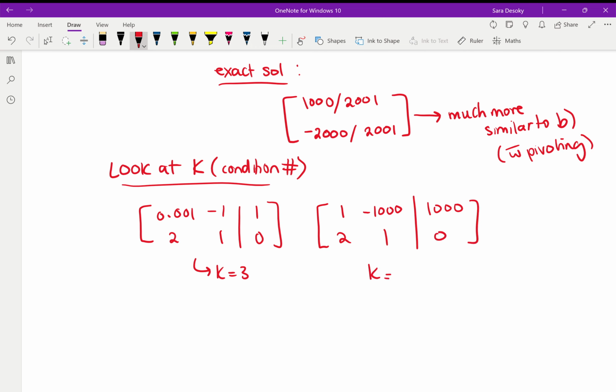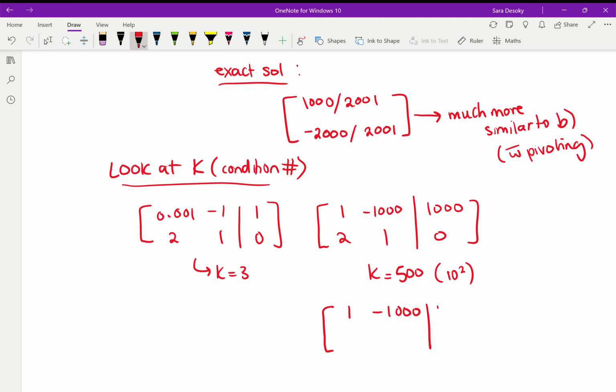It's now 10 to the 3. That means that because of the condition number, whatever we do as far as a calculation involves rounding, we are going to lose all our digits. At that point, the system becomes almost unsolvable in our reduced floating point system.